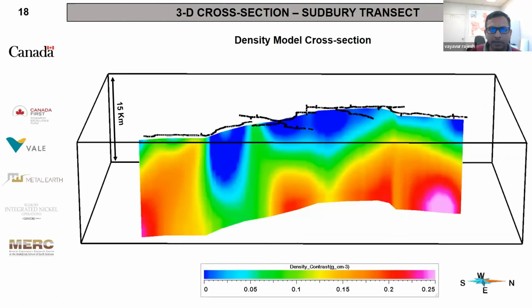We are taking a cross section from the density model. You can see clearly the smooth variation of the densities in the subsurface. The blue ones are low densities, and the red ones are high densities.